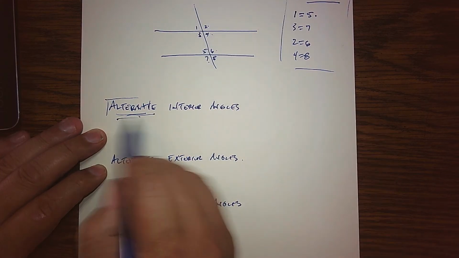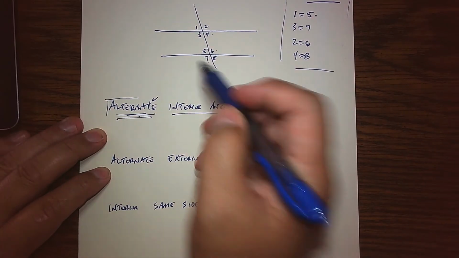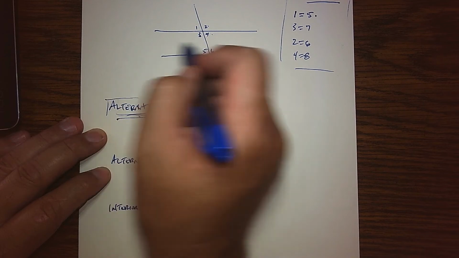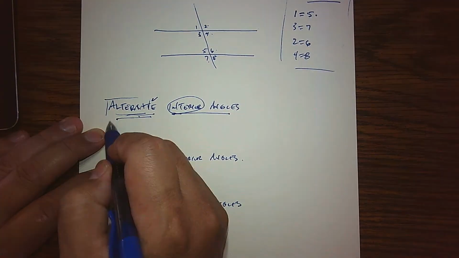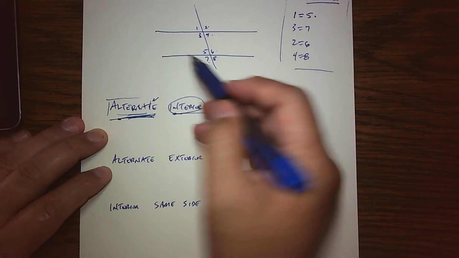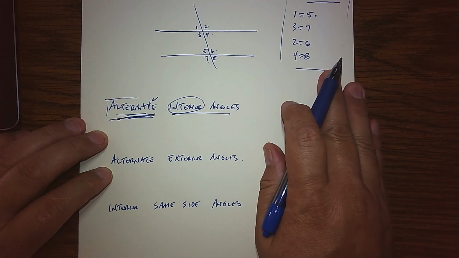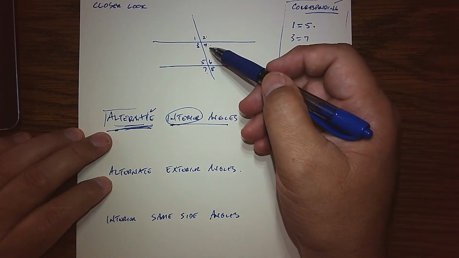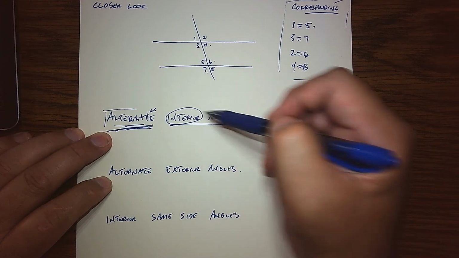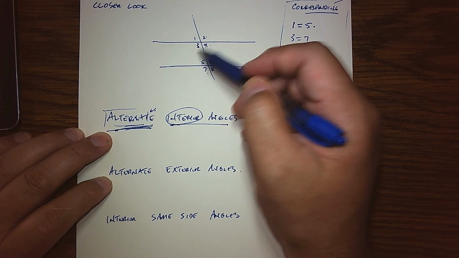So when I talk about alternate interior angles, here's what's happening. I'm talking about being in the interior, so we're on the inside. So we're basically talking about angles 3, 4, 5, and 6. But we are alternating, which means that we're talking about the angles on flip sides. And what we also have are some more equalities because of the corresponding angles. So the first set of alternate interior angles would be 4 and 5. They're interior and they're on different sides.